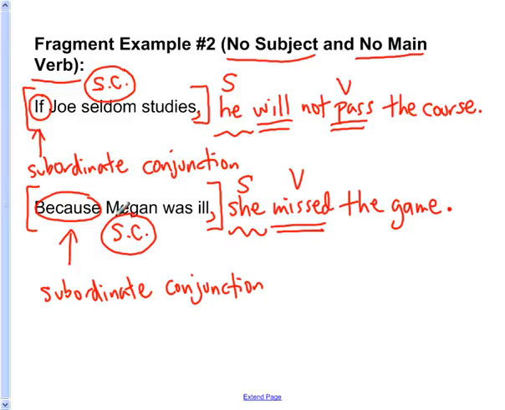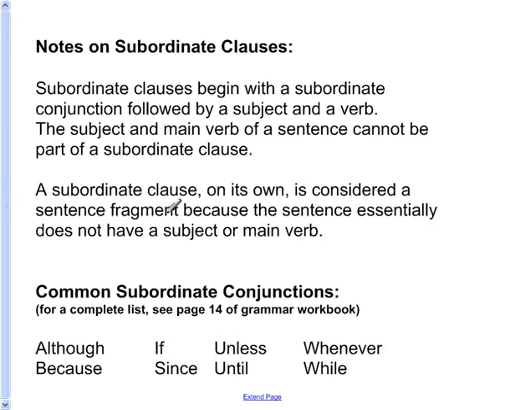The subordinate clause alone does not contain a subject and a verb, even though was could have potentially been the verb here, and Megan could have been the subject. Remember that subordinate clauses are window dressing. They are non-essential elements of a sentence in terms of structure. Now let's talk about subordinate clauses just to make sure we understand them.